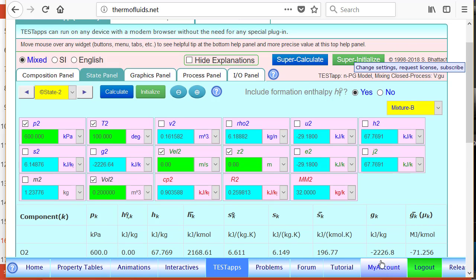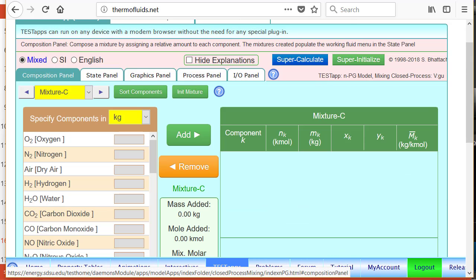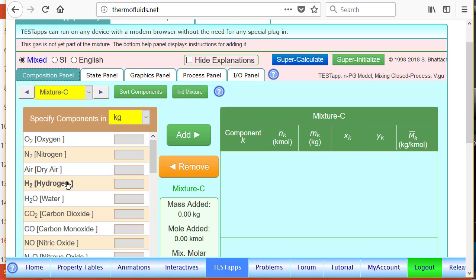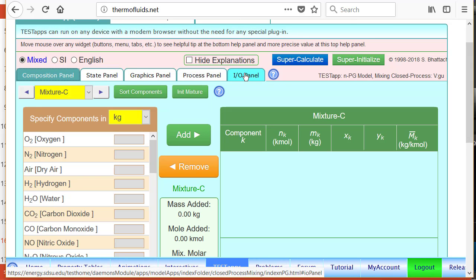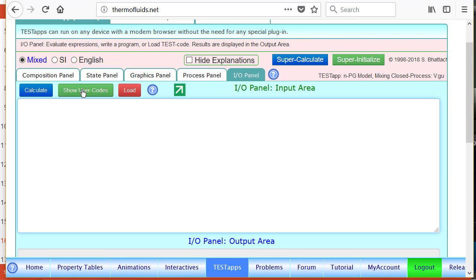Now that we know the mass of state 1 and state 2, we can compose mixture C. We could go back here and enter the proportion of these 3 components, but to make it easier, I'll go to the IO panel and declare some secondary variables, where the proportions of hydrogen, CO2, and oxygen in state 3, or mixture C, can be found.